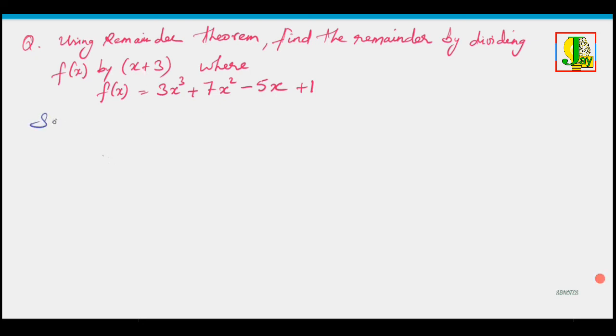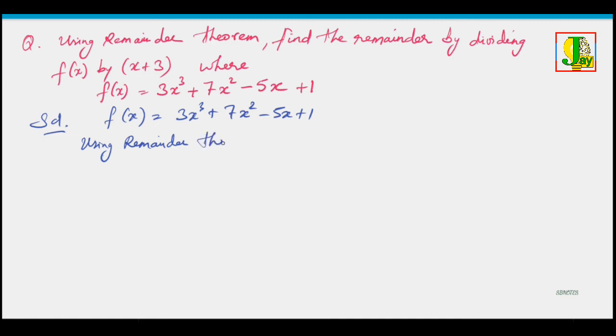So solution, f(x) equals 3x cubed plus 7x squared minus 5x plus 1. So using remainder theorem, okay, you need to write this, otherwise writing f of minus 3 will be the remainder is useless. There is no point.